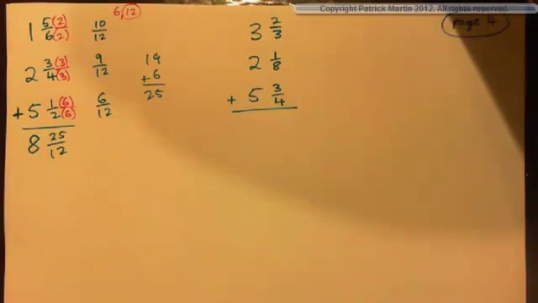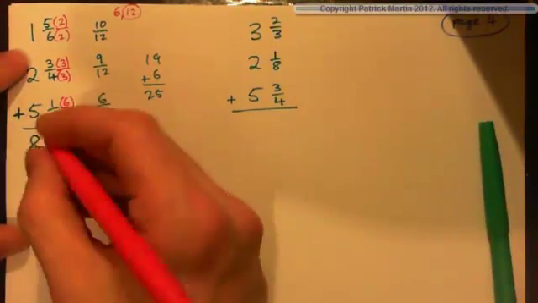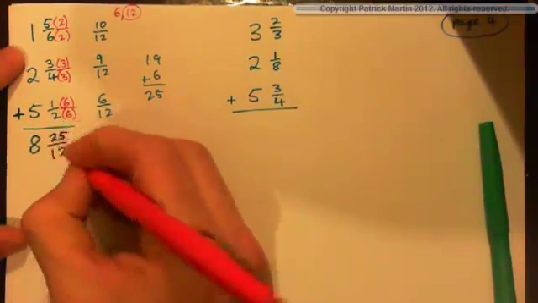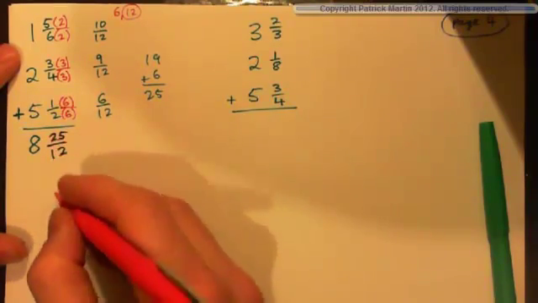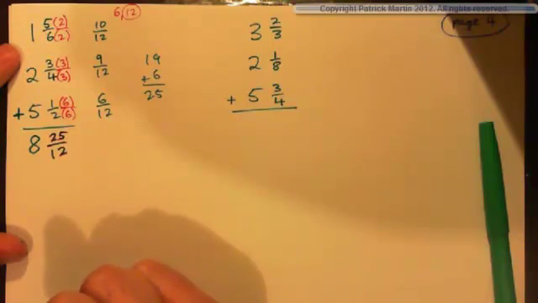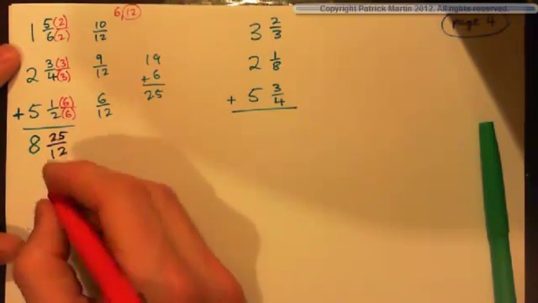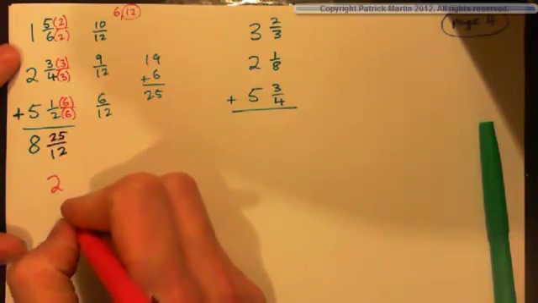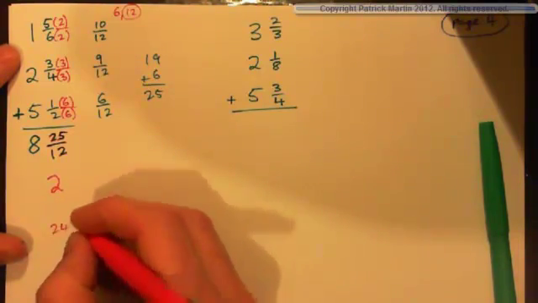Now hold on a second. That's not a proper fraction. I've got to turn that into a mixed number, okay? So 12 into 25 goes how many times? 2 times, remainder, because look, 2 12s is 24, isn't it? So remainder 1.